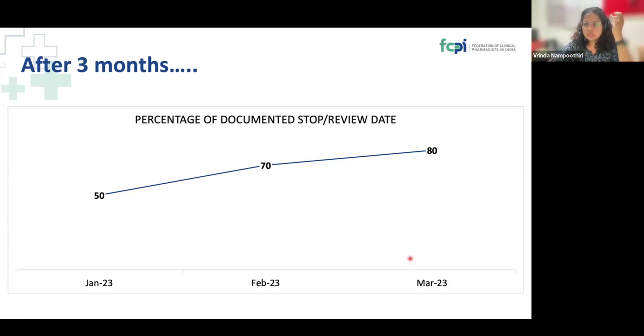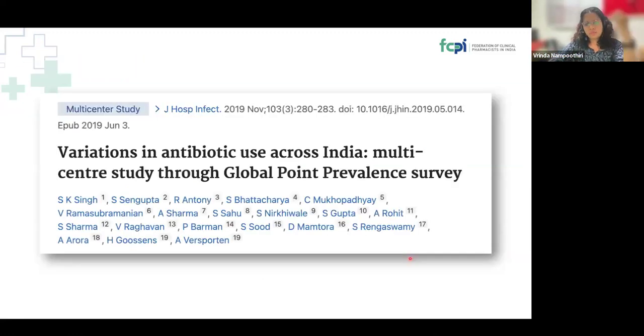In addition to this routine input and feedback to the clinical teams, it is also beneficial if you have the capacity to publish your results as well. In all my presentations, I always try and highlight the importance of publishing.